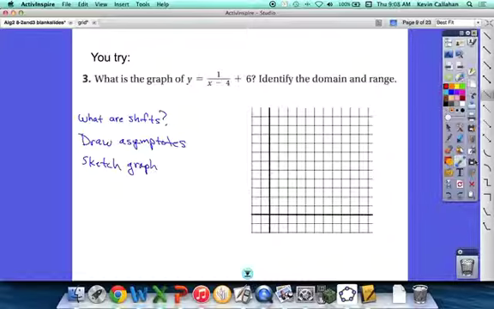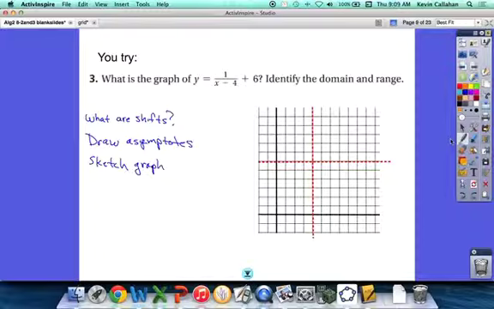The horizontal asymptote, where am I going to draw this one? Up 6, right? So 4, 5, 6. And the vertical asymptote is right 4. Just to be clear, that vertical asymptote is x equals 4, and the horizontal asymptote is y equals 6. Okay, then what?